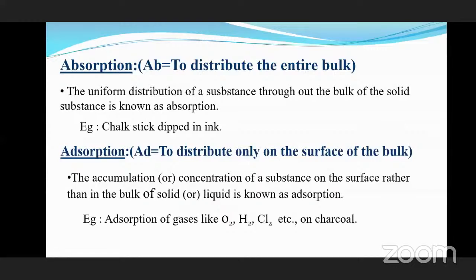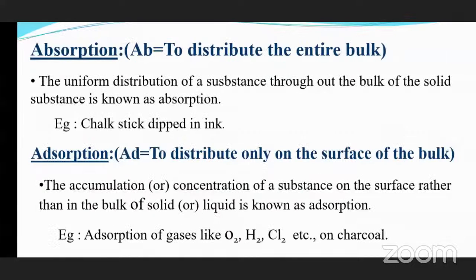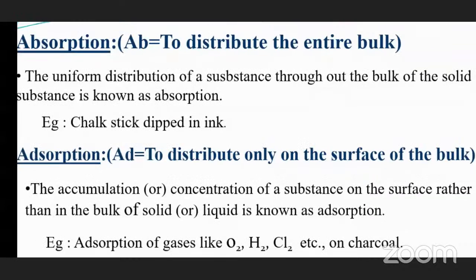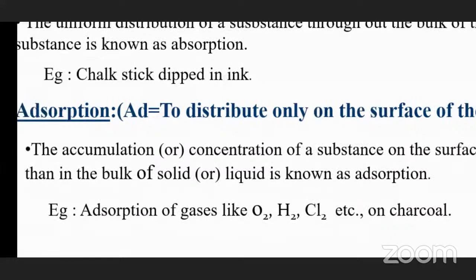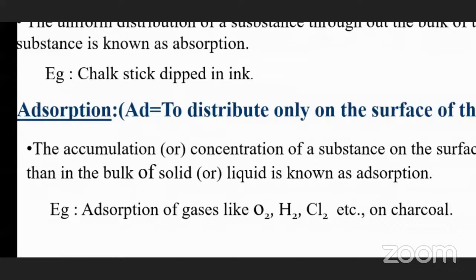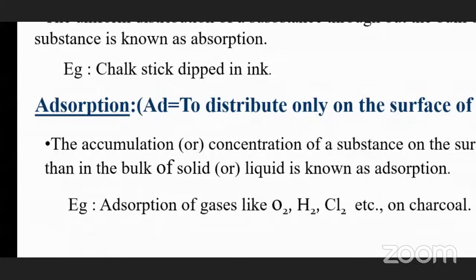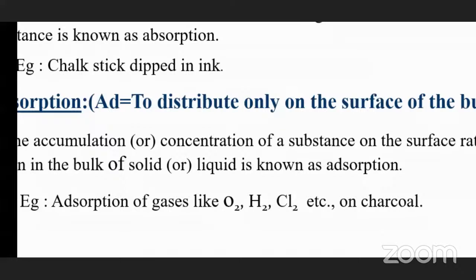Here in adsorption, the example is adsorption of gases like oxygen, hydrogen, chlorine, etc. Gases are present on the charcoal. For example, in coal mine areas, gases like oxygen, hydrogen and chlorine concentrate on the surface of the charcoal, but not the internal part of the charcoal.